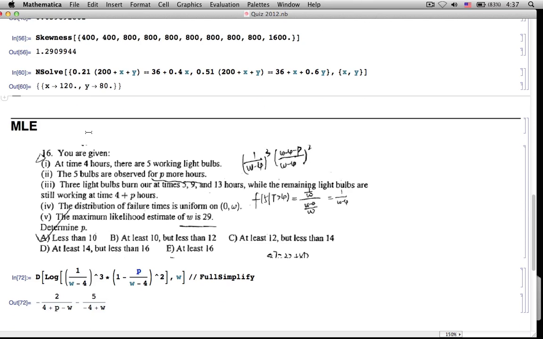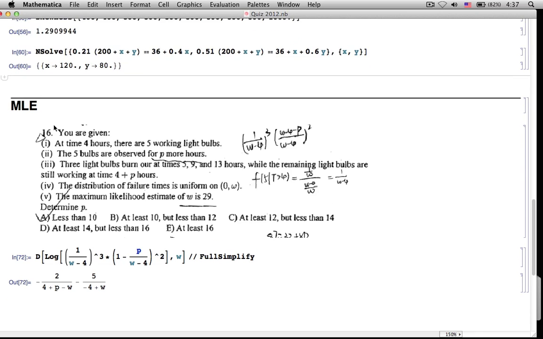Okay, now back in business, maximum likelihood estimator. Usually you start with finding the likelihood function. Here we have an example where we're observing light bulbs, and at time 4 we have 5 working light bulbs. They're still on, and they're observed for p more hours. In fact, we're going to calculate p. We're given the following information: one light bulb burns out at each of times 5, 9, and 13.